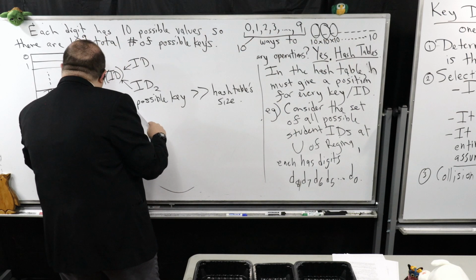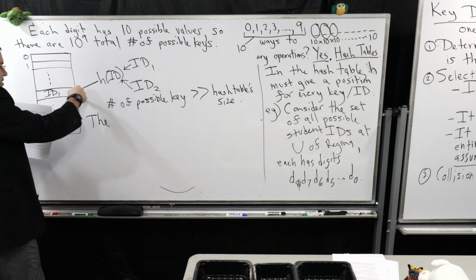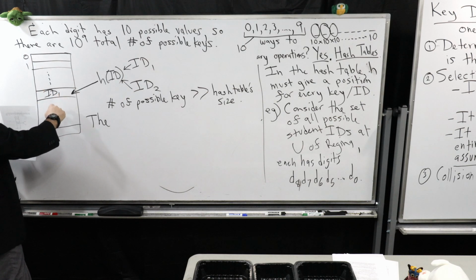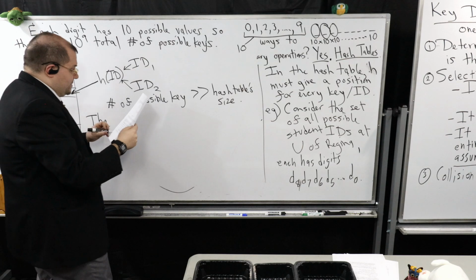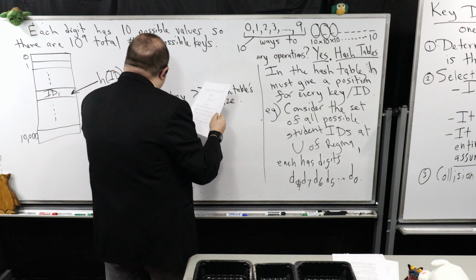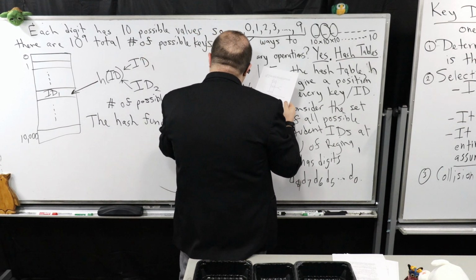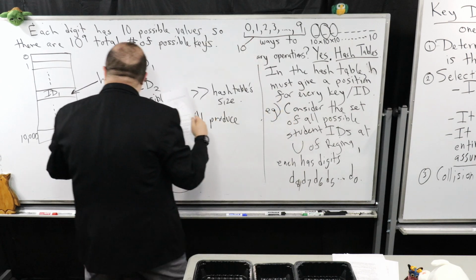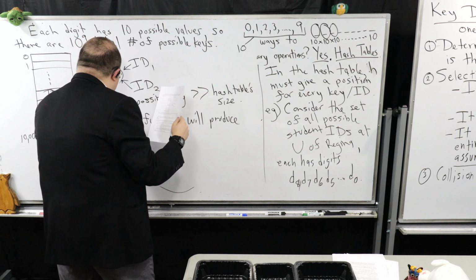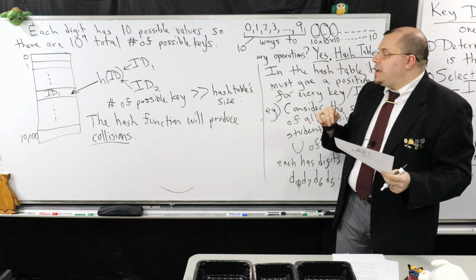That means it's going to produce this issue where two IDs could potentially hash, using the hash function, to the same location. We have a name for this. The hash function will produce collisions. So that's what we refer to when we talk about a collision.